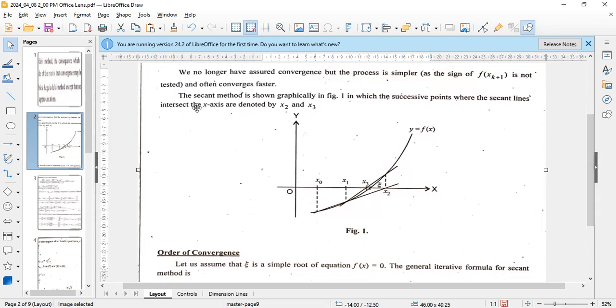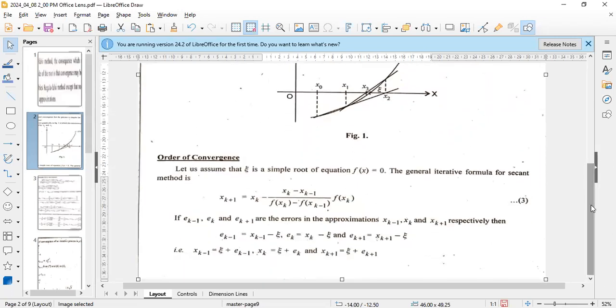So the secant method is shown graphically in this figure 1, in which the successive points where the secant lines intersect the x-axis are denoted by x2 and x3. These are the secant lines, which are denoted by x2 and x3.